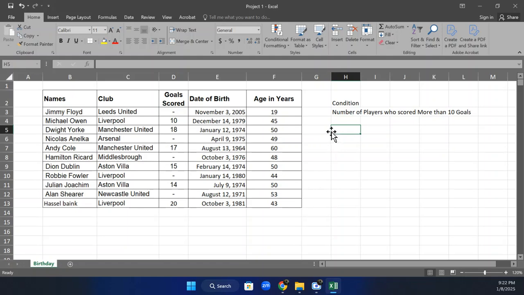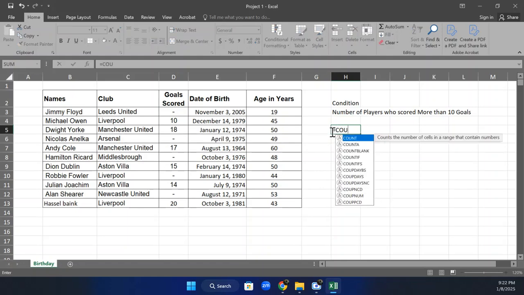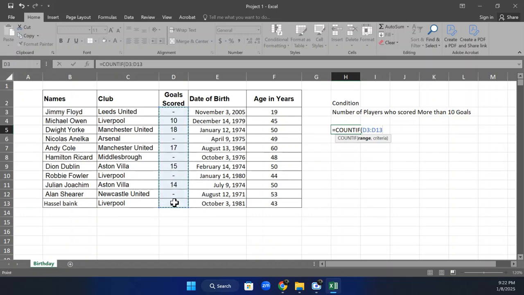So we can start with the helper. We first put the equals sign, and you can use COUNTIF. So you select the range, comma, then the criteria is greater than 10 goals.